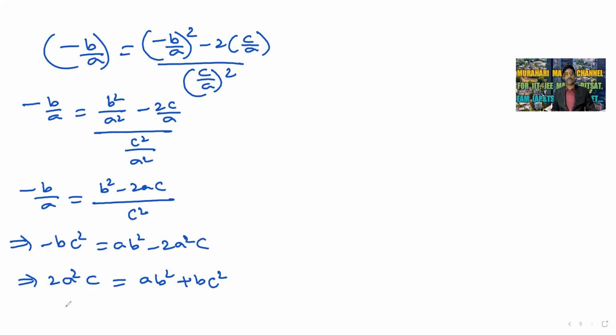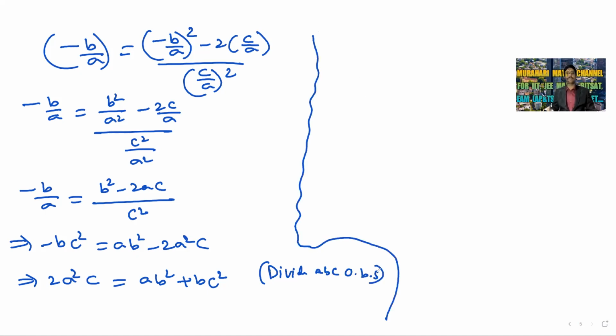Now divide by abc on both sides. It will be 2a square c by abc, ab square by abc, bc square by abc. It will be 1, ac gets cancelled.